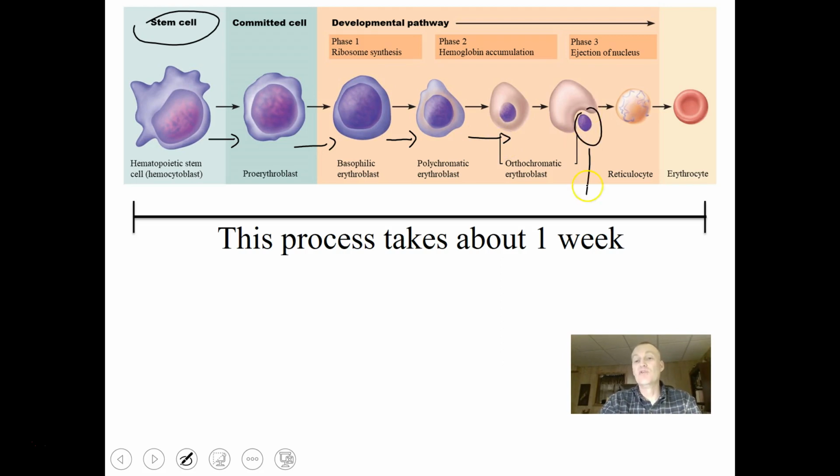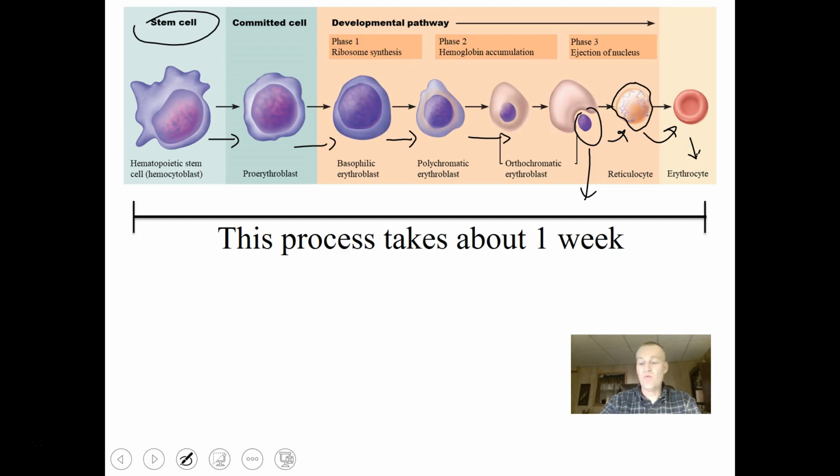We eject the nucleus, become a reticulocyte, and then eventually, once all of the messenger RNA in here that's coding for the production of hemoglobin, once all that hemoglobin is made, we then will form the full mature erythrocyte. That will circulate around until the death of the cell.